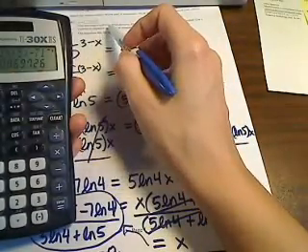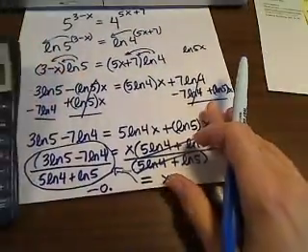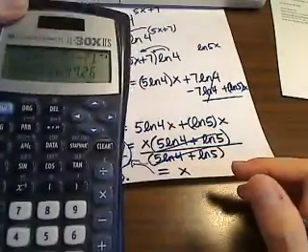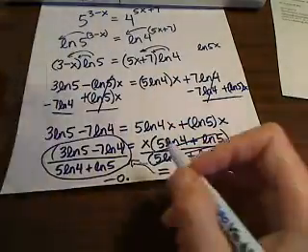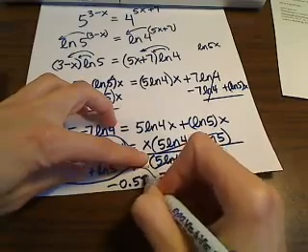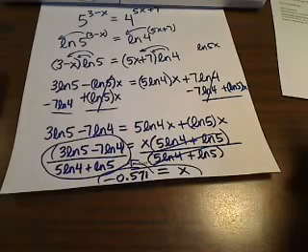It says do not round until the final answer, round to 3 decimal places. Okay, so 3 decimal places here, negative 0.571. So x is negative 0.571 there. Okay.